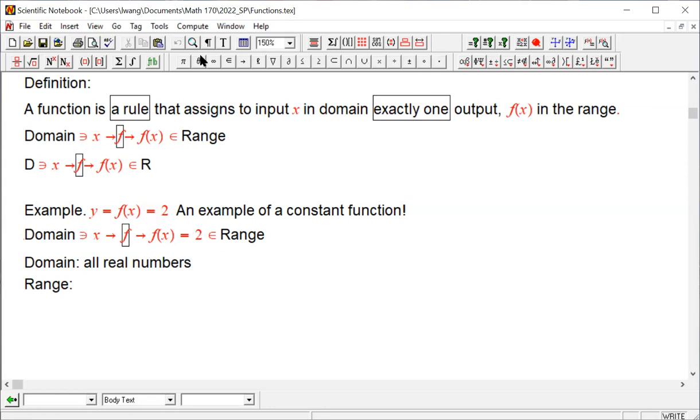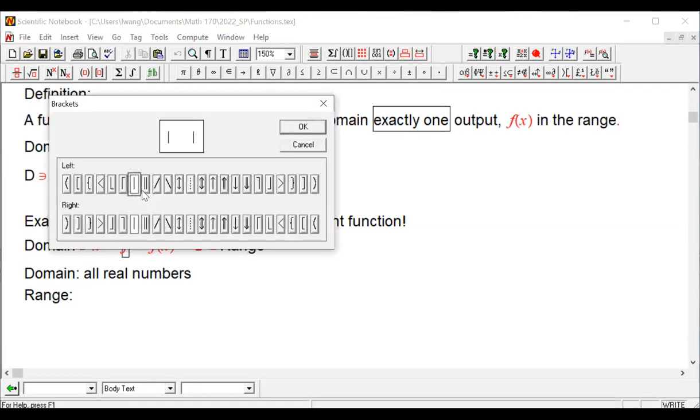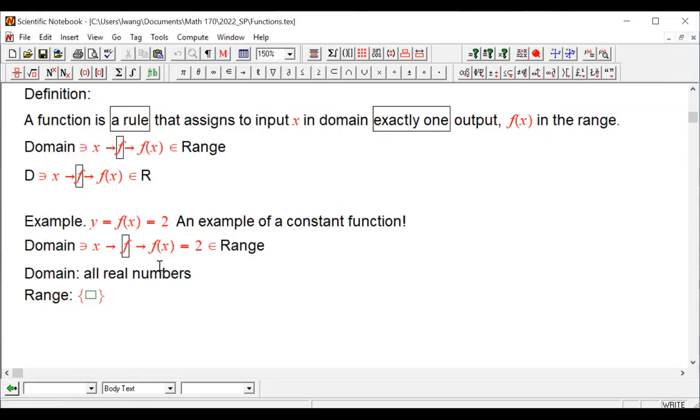So in the range, there's only one number, and that one number is 2. Okay, so the domain and range are completely determined by the rule itself.